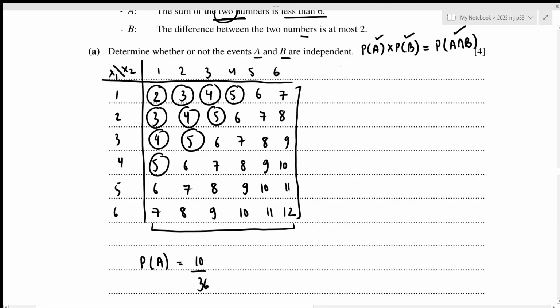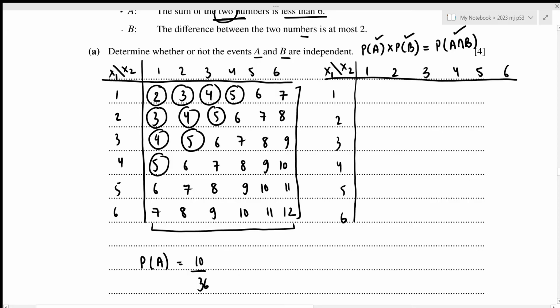Now we prepare a similar table for event B as well. So 1, 2, 3, 4, 5, 6. And for event B, we're looking at the difference between the two numbers. So 1 minus 1 is 0, 2 minus 1 is 1, 3 minus 1 is 2, 4 minus 1 is 3, 5 minus 1 is 4, 6 minus 1 is 5.